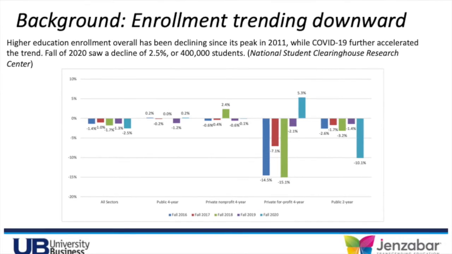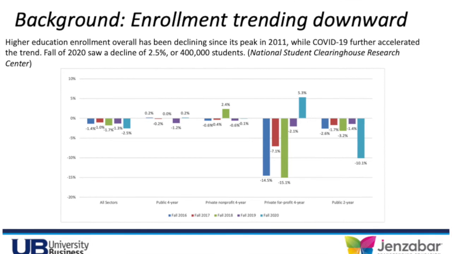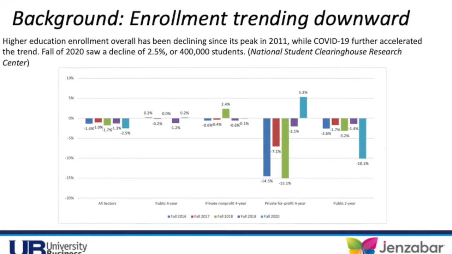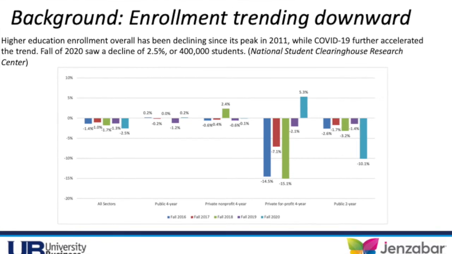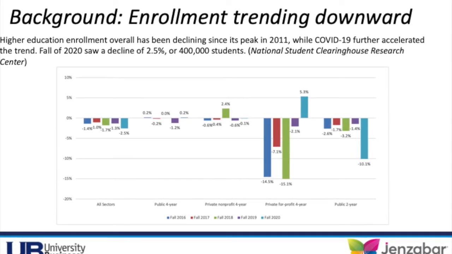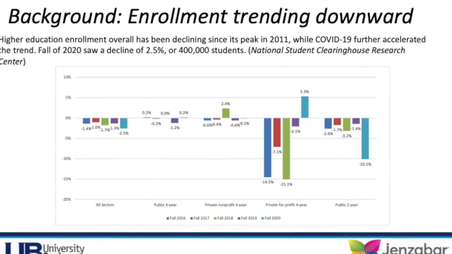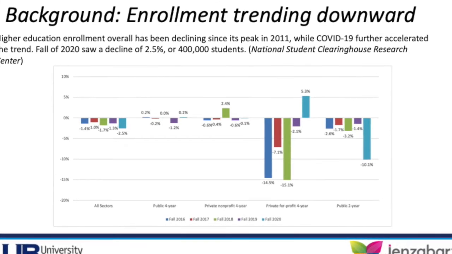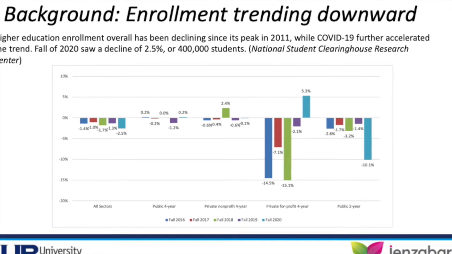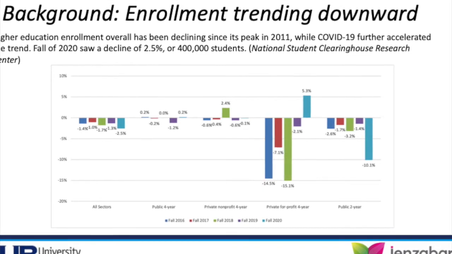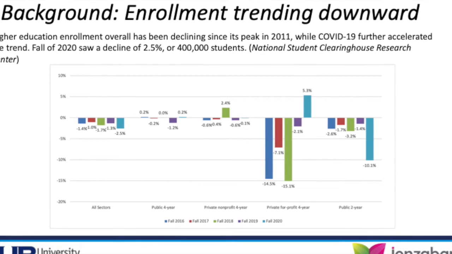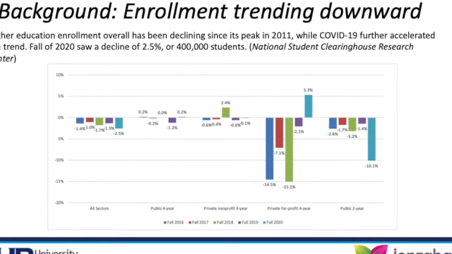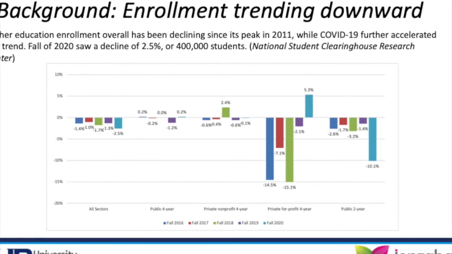Enrollment in higher ed saw its peak somewhere around 2011. Here's some data from the National Student Clearinghouse Research Center. I know some of those numbers are kind of small, but it's basically showing enrollments decreasing starting at about 2011, and then in fall of 2020, a significant decline of 2.5%, which is about double what it was the previous year, basically due to COVID.